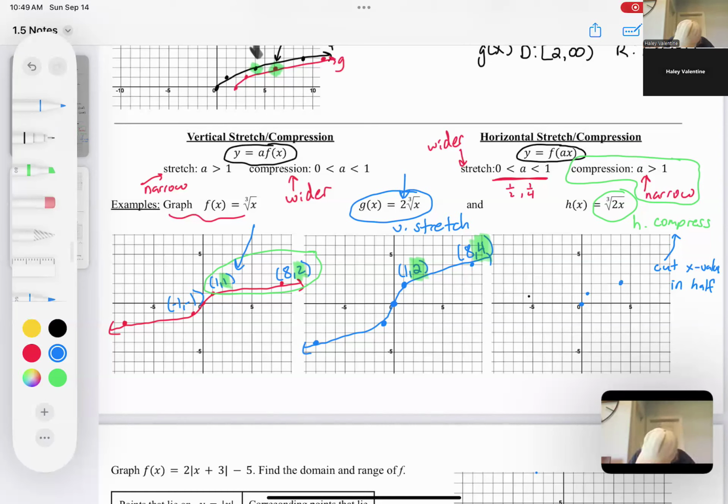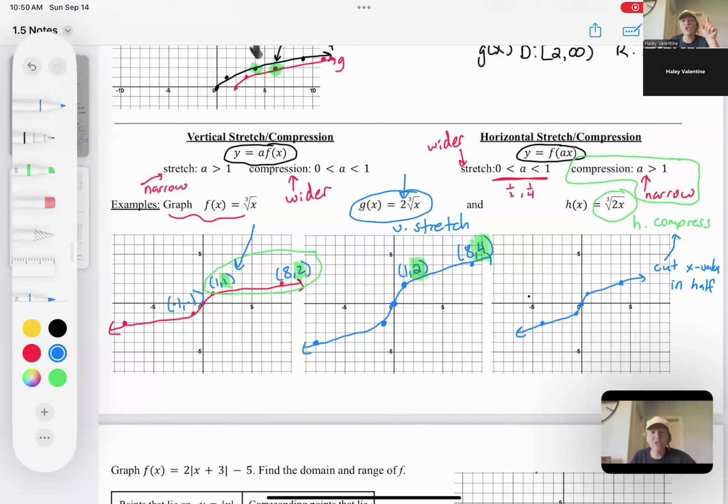And so a horizontal compression is going to make your graph taller as well. It's horizontally not taking as much for it to get as tall. And then (-1/2, -1) and (-4, -2).